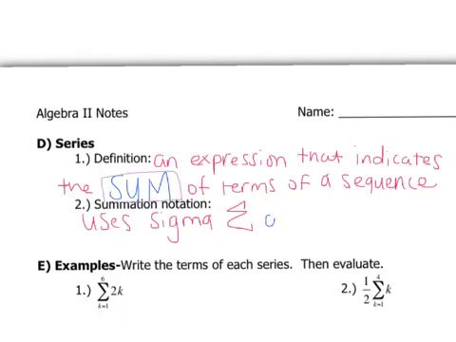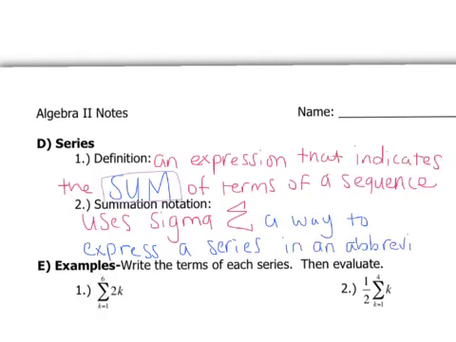And this is just a way to express a series in kind of like an abbreviation. Sigma notation is a way to express a series in an abbreviated way.